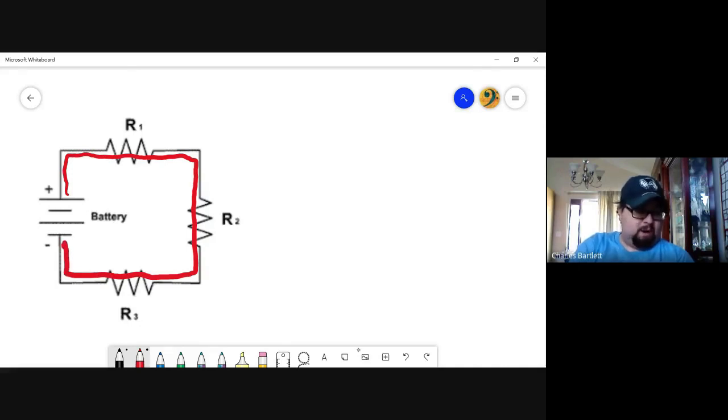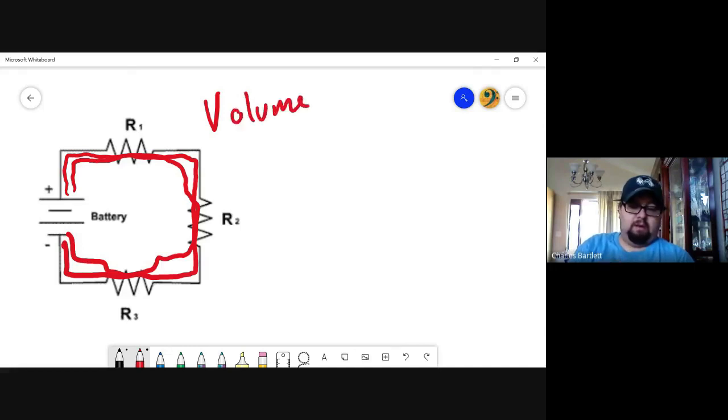So it goes back to that bottleneck analogy, right? It bottlenecks, and then it widens out, and then it bottlenecks, and then it widens out. It doesn't change the amount of volume that's flowing through it. And volume in this case would be amps, or the amount of electrons passing across an area per second.